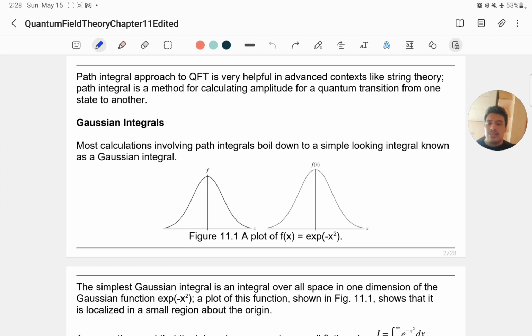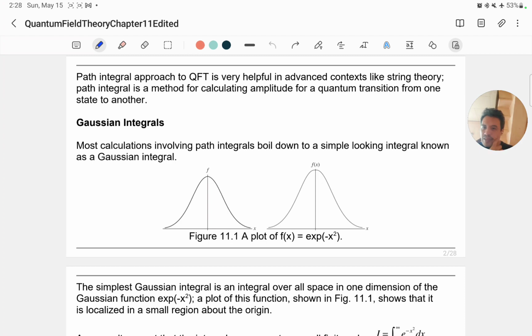But before we do path integration, how the path integrals were derived, let's start with Gaussian integrals first, because practically everything boils down to integrals known as the Gaussian integral.